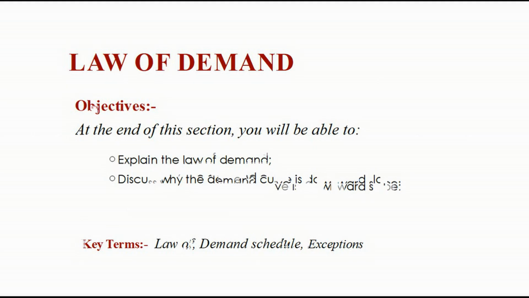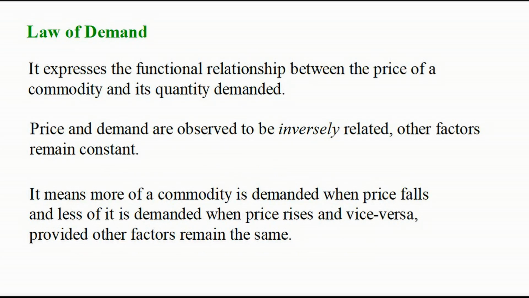Law of demand. The law of demand expresses the functional relationship between the price of a commodity and its quantity demanded. Price and quantity demanded are inversely related, assuming that other factors remain constant. Other factors mean factors other than price: income of consumers, taste and preference, price of substitute goods, price of complementary goods.